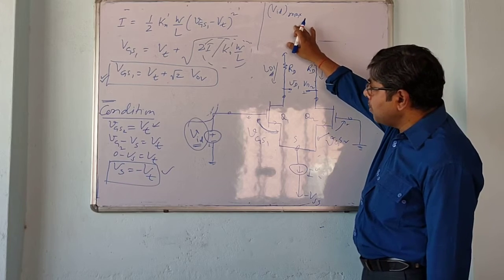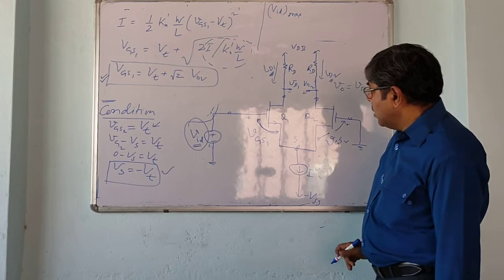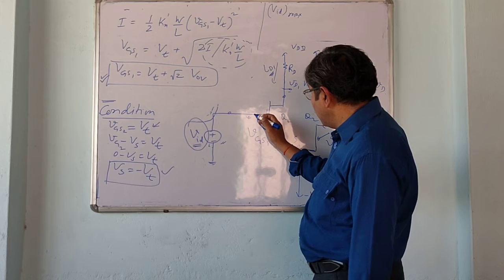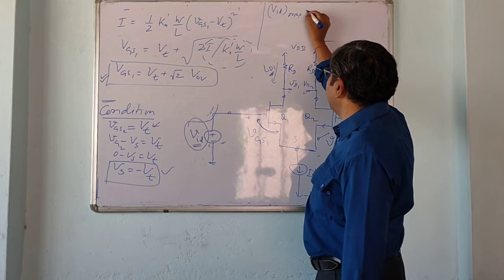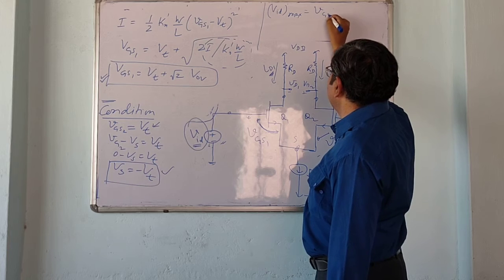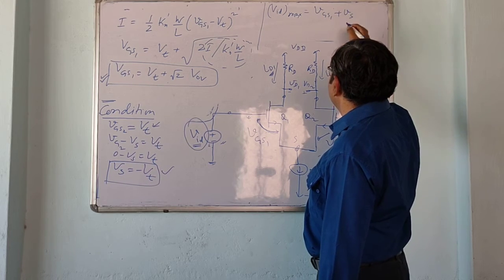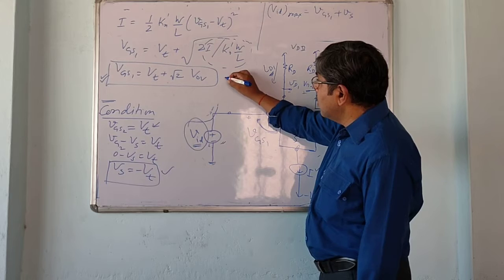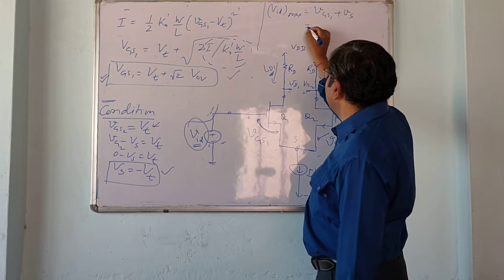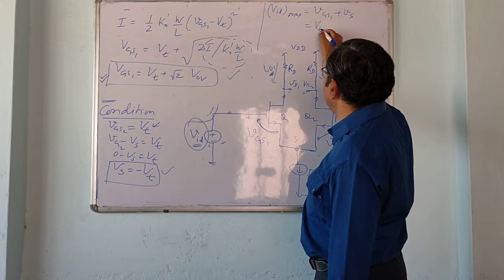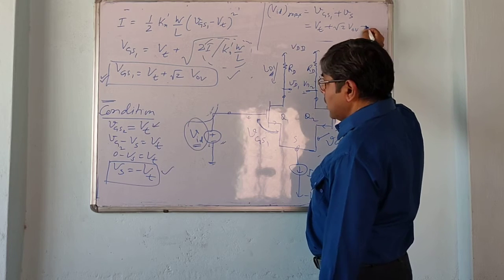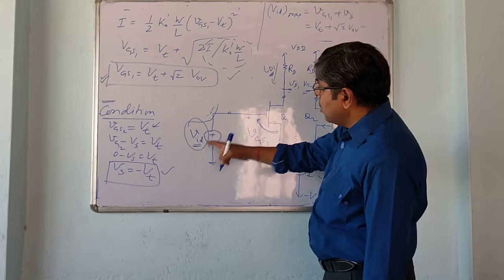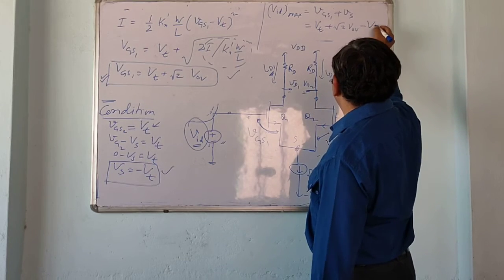So for this, the maximum value is VGS1 plus Vs. So VGS1 equals this much, so you can also write Vt plus under root 2 VOV plus Vs, and plus Vs means minus Vt.